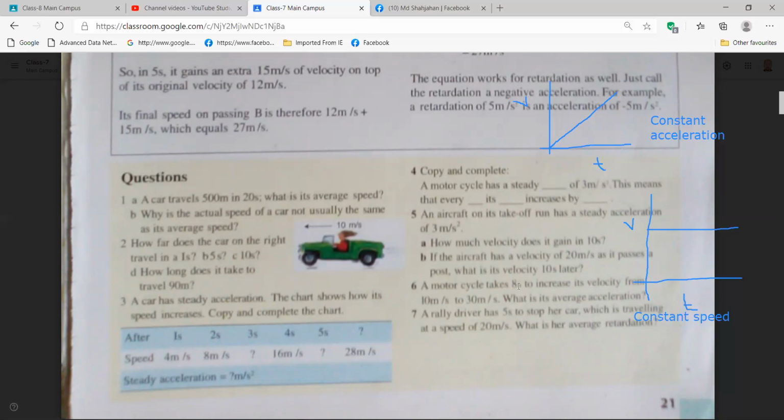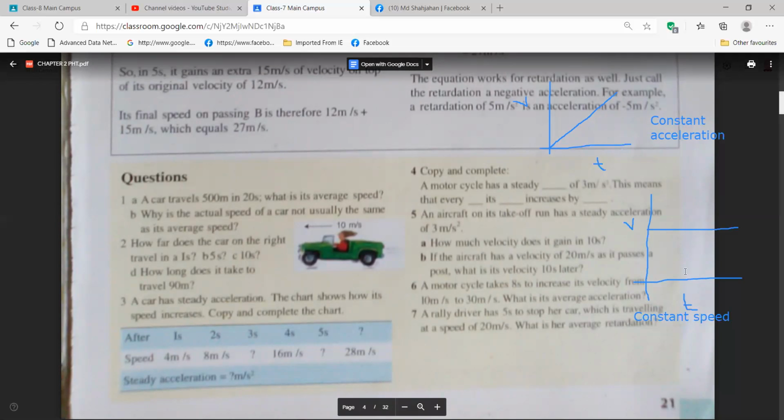The drawing I showed you, are you done with that? Can I rub it? Did you draw the graphs, both the graphs?